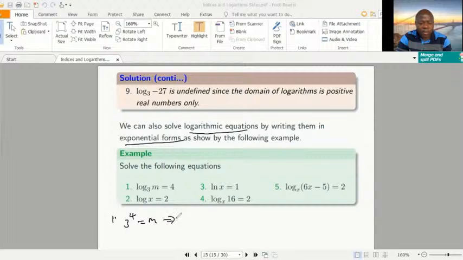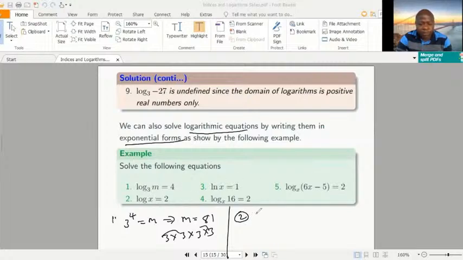That means that m is what? 3 raised to 4 is 81. Just 3 times 3 times 3 times 3. Of course, the first is 9, 9, that'll be 81. What about this other one? Number 2. So I found that m is 81 for question 1. What about question 2?